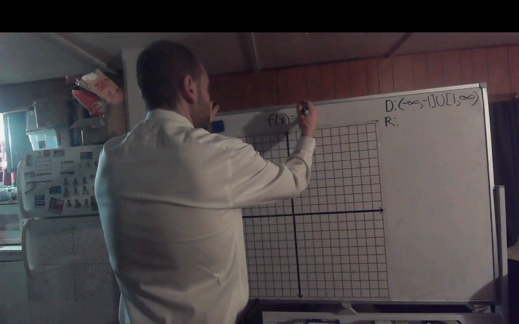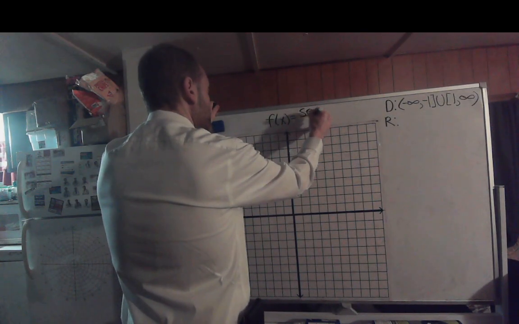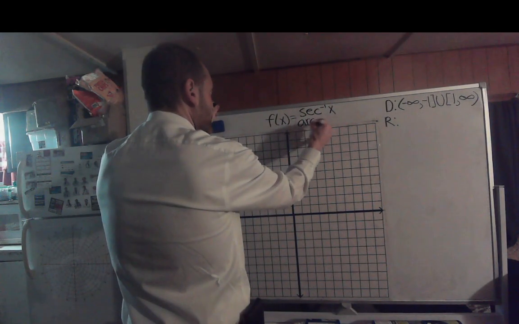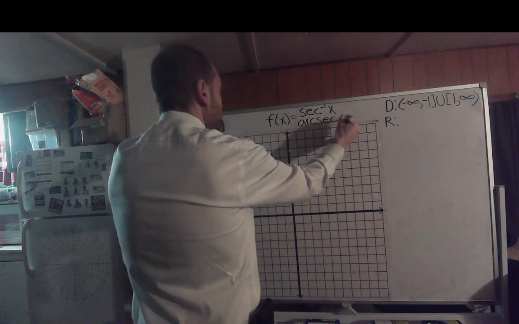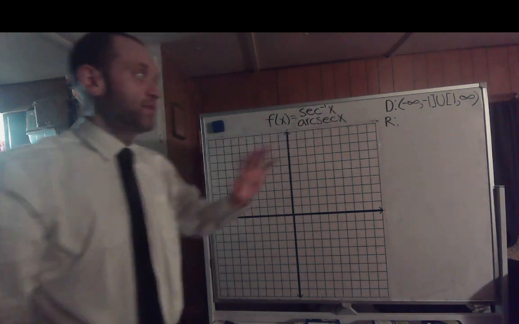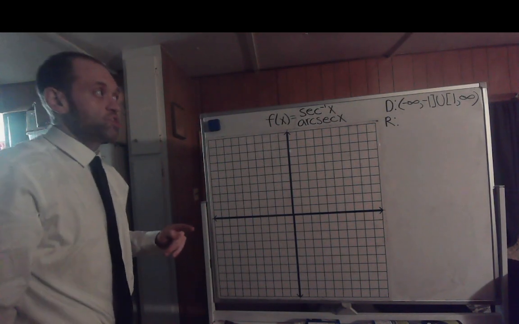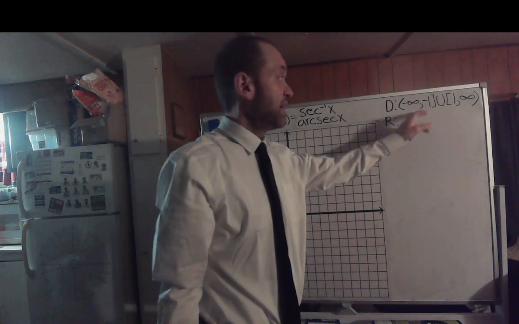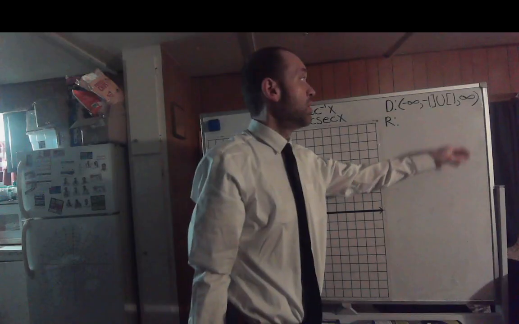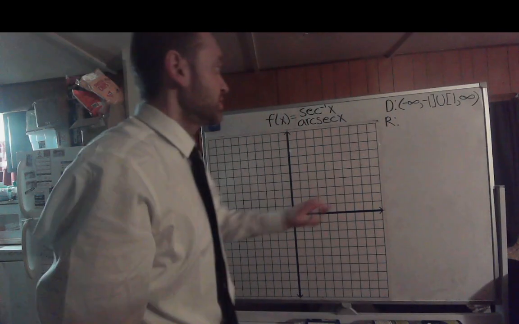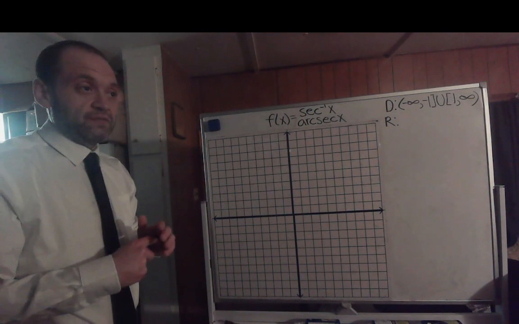Alright, so let's take f of x equals the secant inverse of x, or otherwise known as the arcsecant of x. And this is the same as saying the secant of what angle gives us a secant of x. Well, your range of the secant function is still from negative infinity to negative 1 inclusive in union with 1 inclusive to infinity. So that becomes the domain of the secant inverse. Now we need to identify the range.